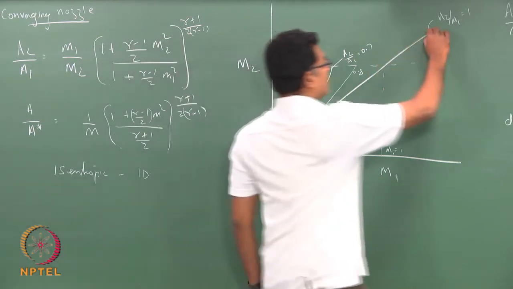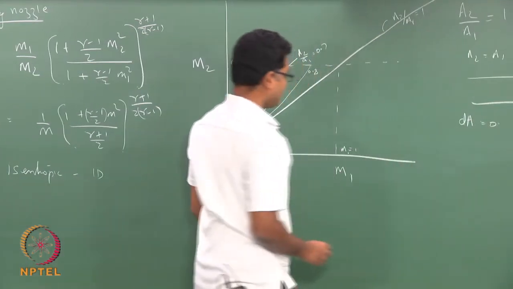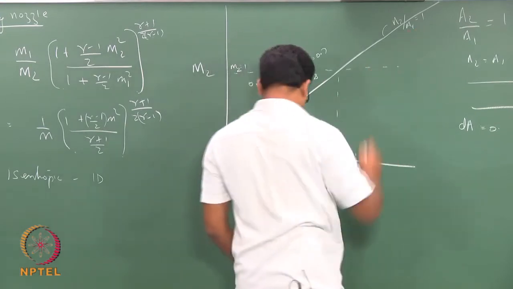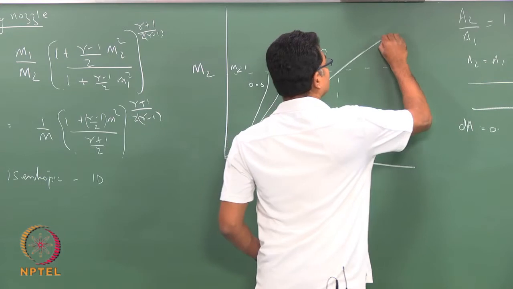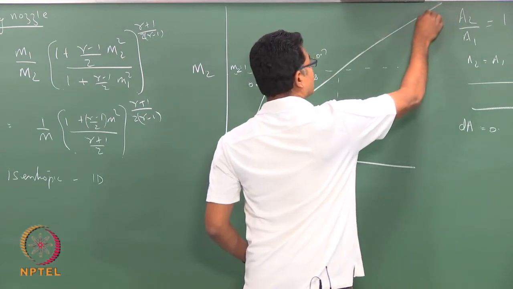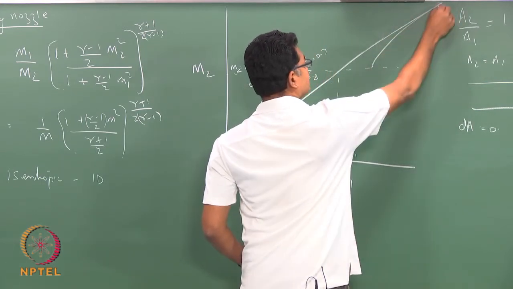And if my M1 is supersonic, again I would get a curve coming like this.